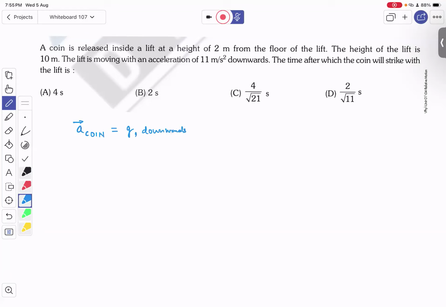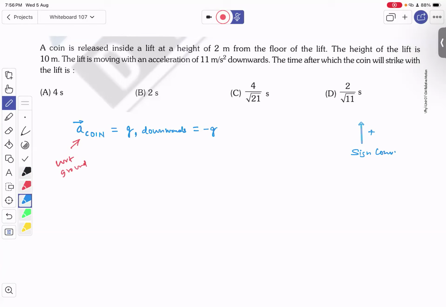Maybe it is 1D motion, so we might use some sign convention, and I will stick to the same sign convention that upward I will consider as positive. If I consider upward as positive, then the acceleration of the coin with respect to the ground frame is going to be minus g. Once anything is in air, its acceleration with respect to the ground will be g downwards.